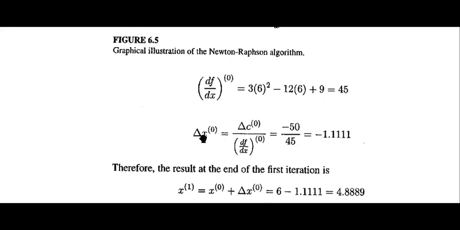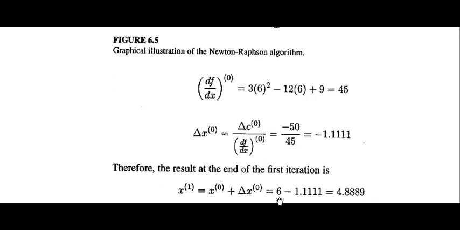The second iteration response will be del x1. So del x1 is the division of this, minus 13 point something over 22 point something, to generate that value. And this will not be 6 for that case. It will be 4.889.